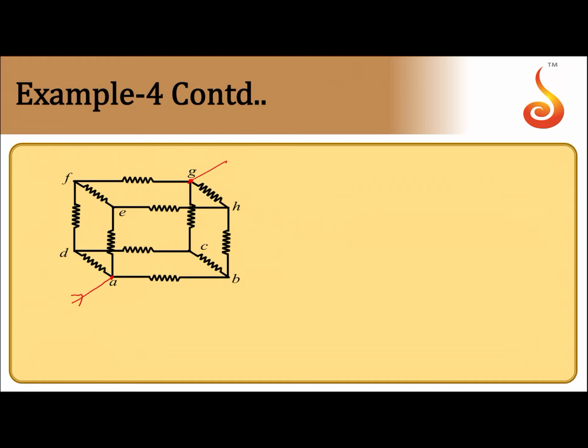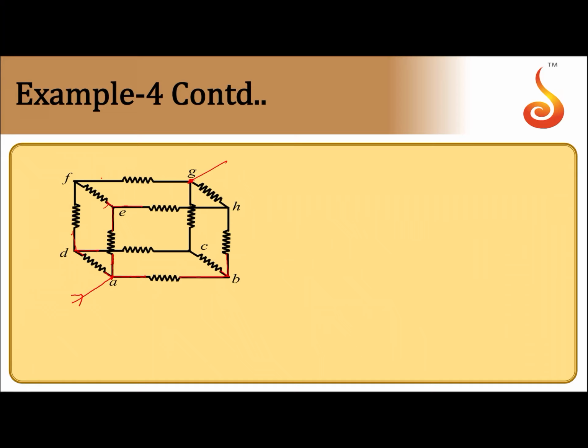When it enters here, it splits into 3 parts: one goes to B, one goes to D, one goes to E. Then after this, the current splits into 2, this current also splits into 2, this current also splits into 2. Then again this current merges, this current merges, and they will reach G.